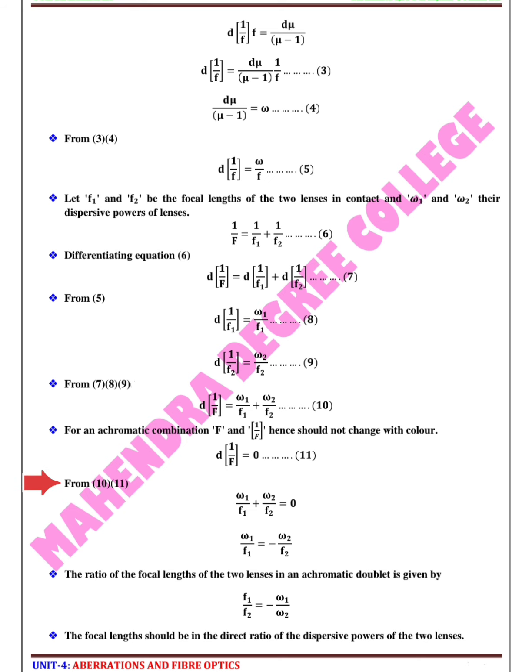Substitute equation 10 into equation number 11. We get omega 1 by f1 plus omega 2 by f2 equals 0.